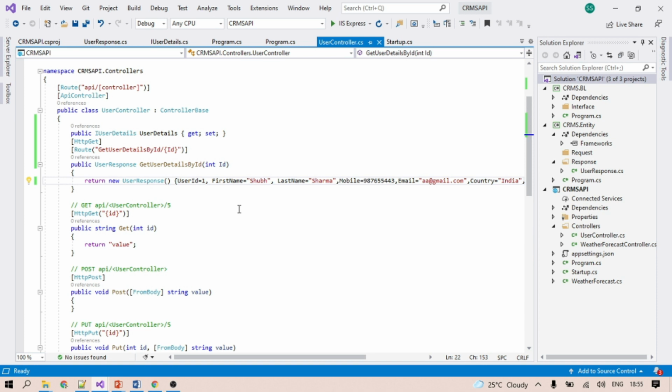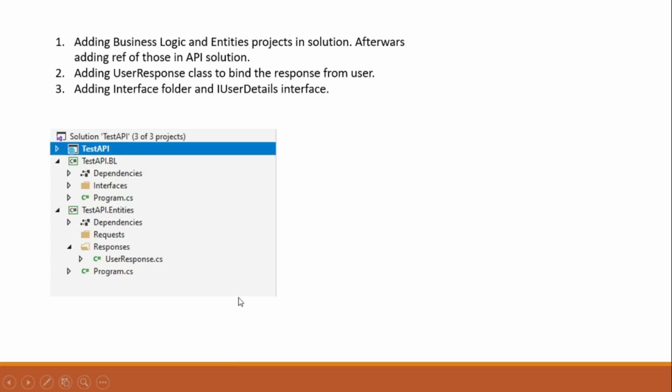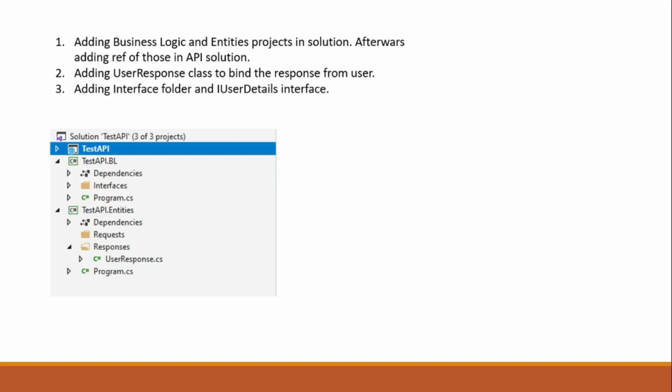So many things we learned today. I think you can go through those activities again and get a proper understanding of these things. If you want more details about what I showed you here, you can search in Google. Definitely you will get more theoretical details.